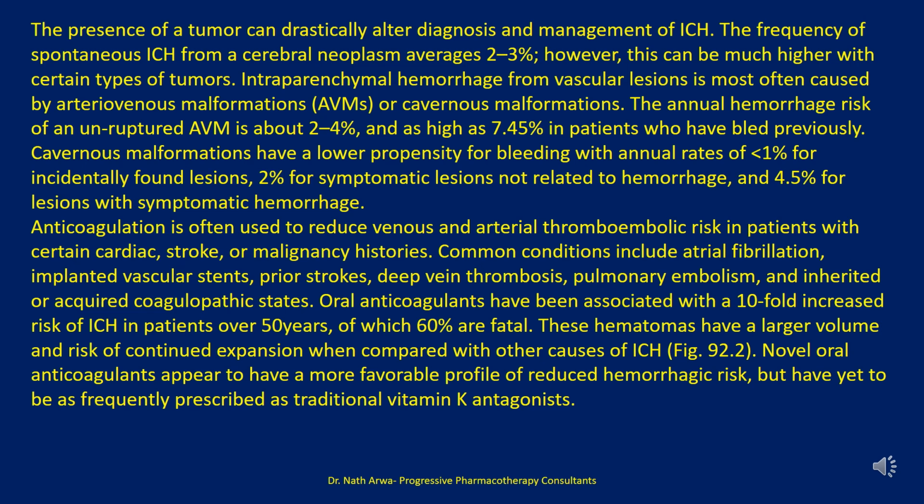Oral anticoagulants have been associated with a 10-fold increased risk of intracerebral hemorrhage in patients over 50 years, of which 60% are fatal. These hematomas have a larger volume and risk of continued expansion when compared with other causes of intracerebral hemorrhage, as shown in Figure 92.2.